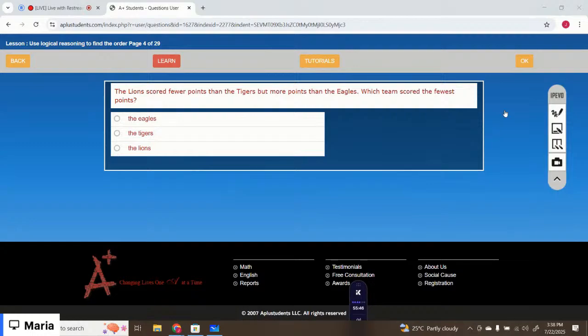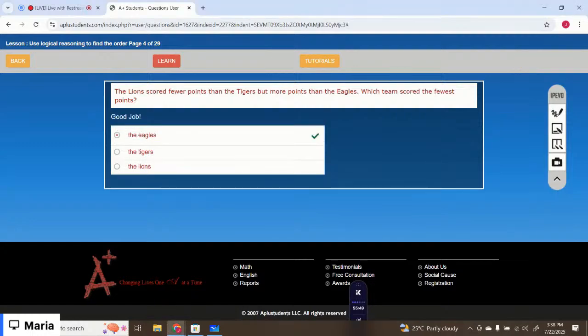Eagles have the fewest points. Option number 1 is the correct option.